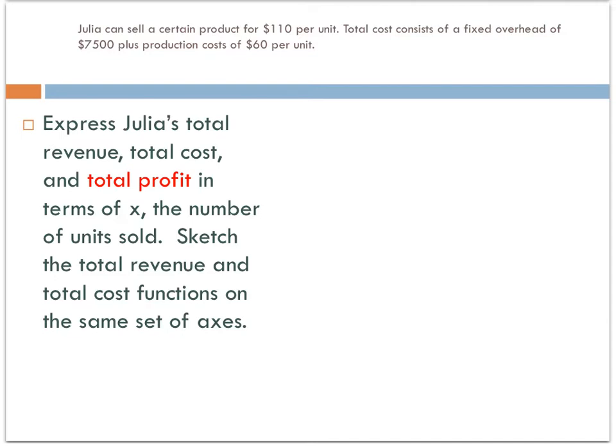Now let's write our profit in terms of X. Our profit function. How do we determine profit? Well, profit is how much money we make after we sell our widgets and we pay our cost. So let's just write down what profit is and then see if we can write our profit function. So profit is how much we make after we pay our costs. So it's how much we make minus our cost.